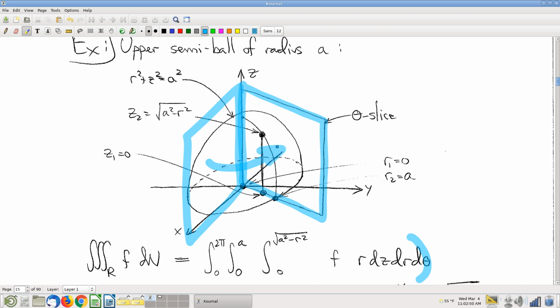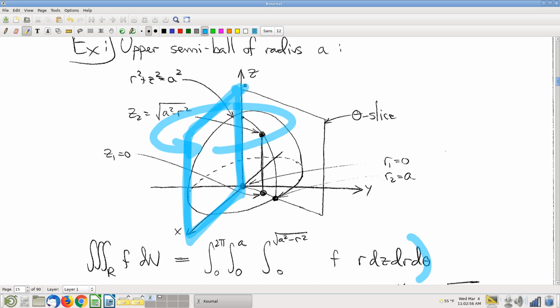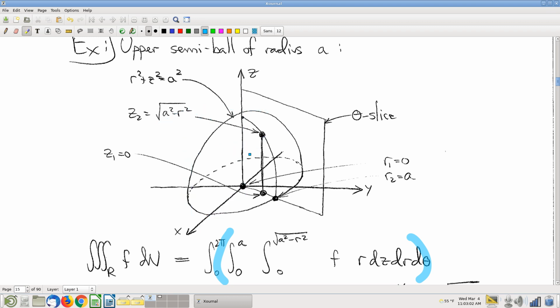And so I'm going to say theta starts at 0 and goes all the way around and ends at 2 pi. That's just what the slices do. Each individual slice for a given value of theta looks something like that, all the way around.